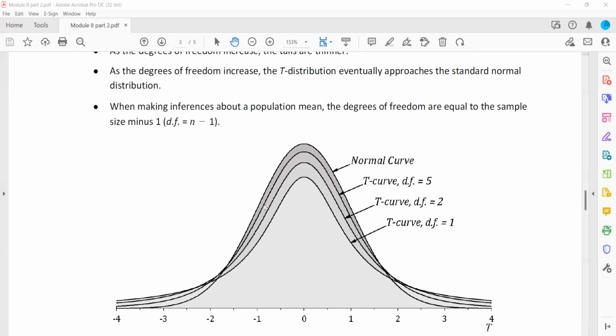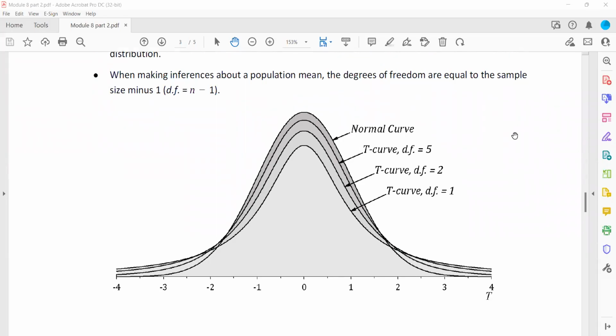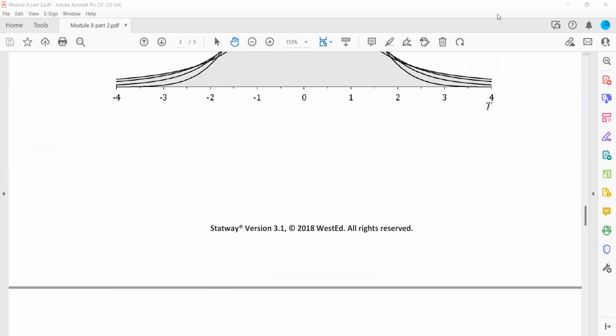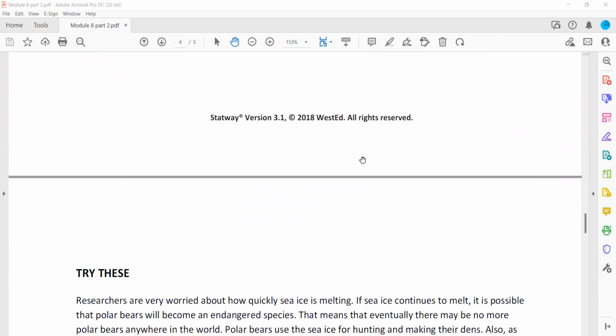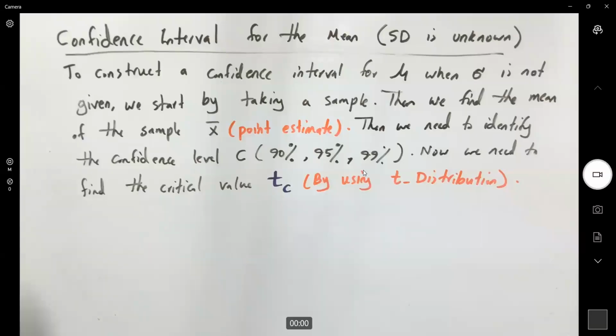So remember that you're interested in increasing the sample size. So this is the T distribution that we have. Very well. Before trying an example, let us go back to the board and continue.